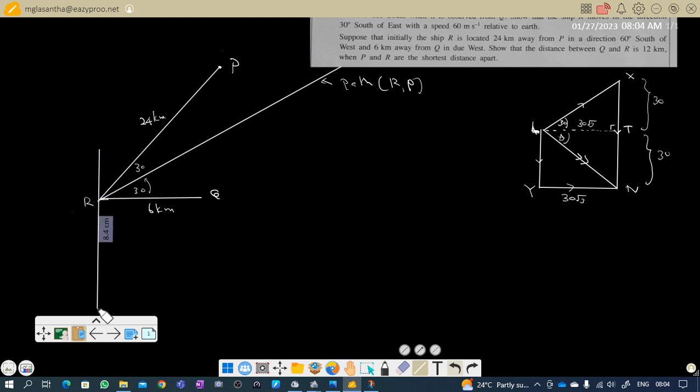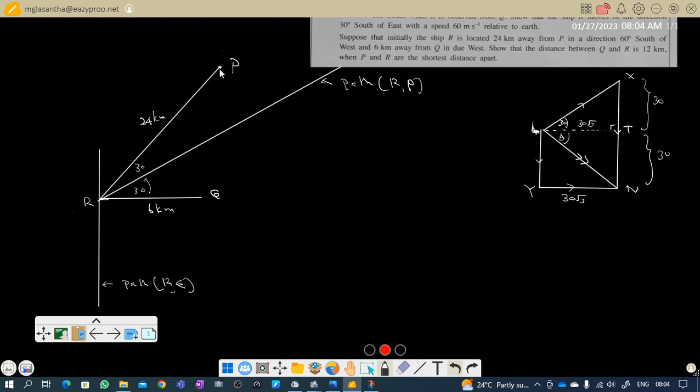So this is the path of R relative to Q, right?